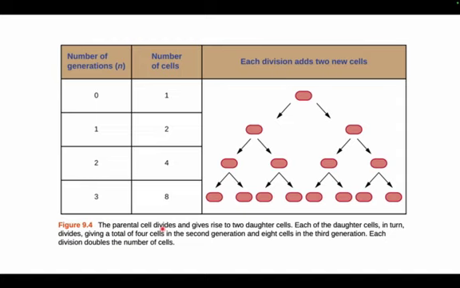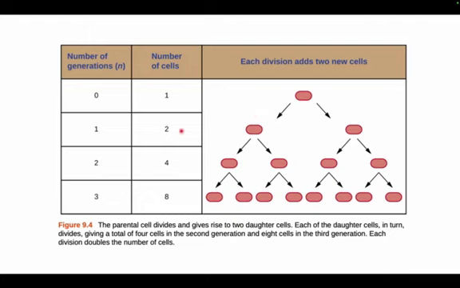Obviously, as we discussed, bacterial cells divide by binary fission, which means that each cell divides into two new cells. You have two daughter cells, right? In each generation, the cell number increases by a power of 2.